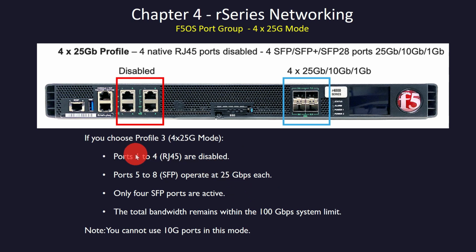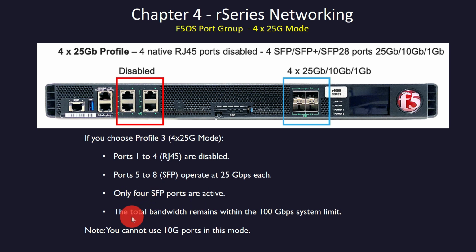If you choose profile 3, which is 4 × 25 gig mode, in this mode, ports 1 to 4, RJ45 ports, are disabled. Ports 5 to 8, SFP ports, operate at 25 Gbps each. Only 4 SFP ports are active in this mode.